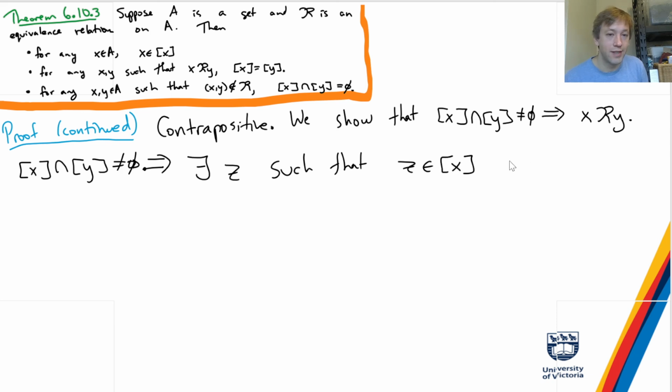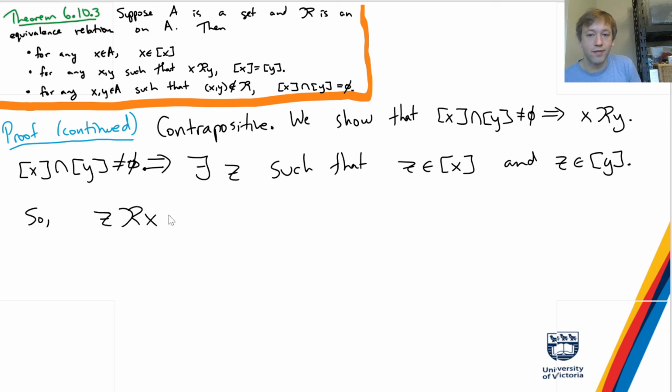So in other words, z is in the equivalence class of x, and z is in the equivalence class of y. What it means for z to be in these equivalence classes is that z is related to x, and z is related to y.